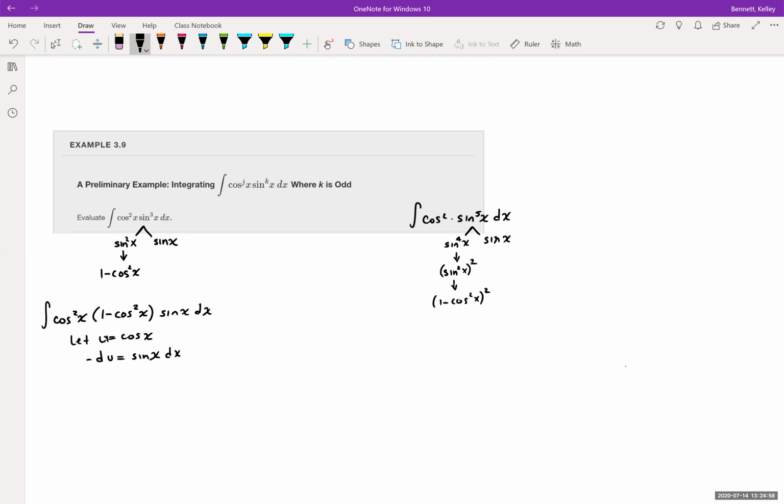When I rewrite this, I'm going to put the negative on the outside. So I would get u squared times 1 minus u squared du. And this is really easy to integrate once I push that u squared through.